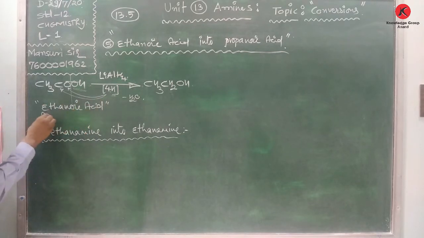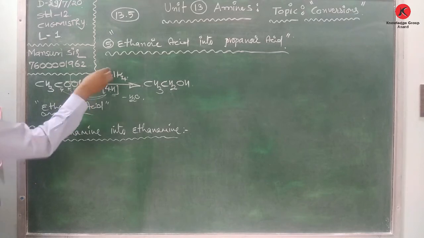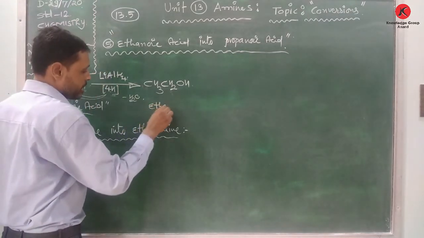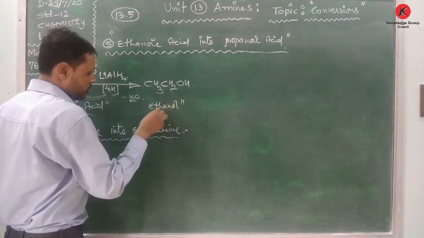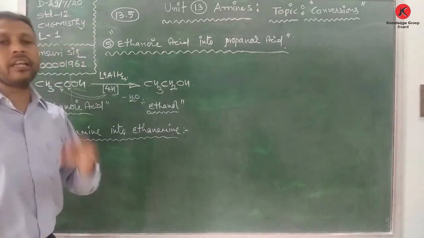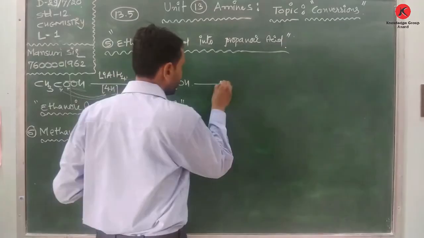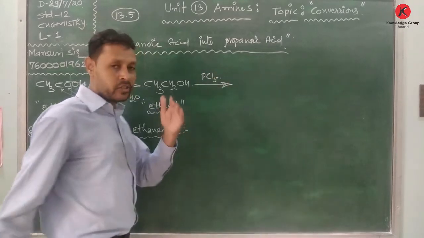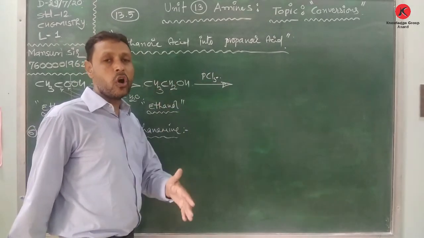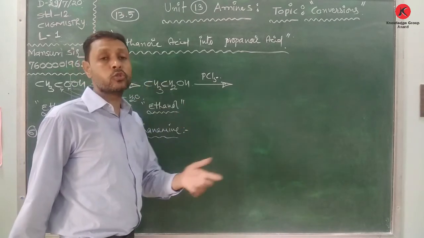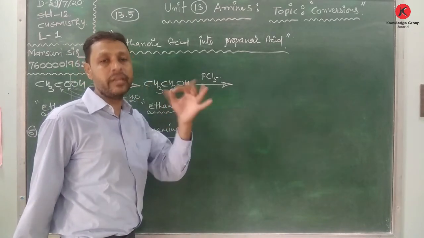Now ethanoic acid reacts with lithium aluminium hydride and forms ethanol. Now friends, we are having ethanol. Now ethanol is converted into ethyl chloride by using PCl3. It may be PCl5 or SOCl2. You can use anything. Here also you can use phosphorus plus iodine.